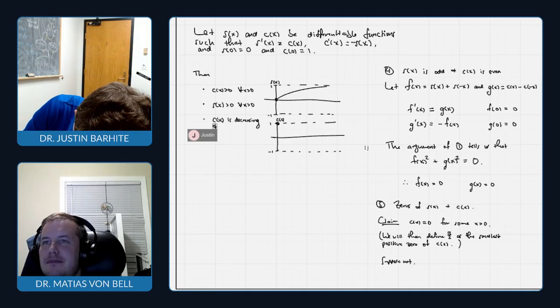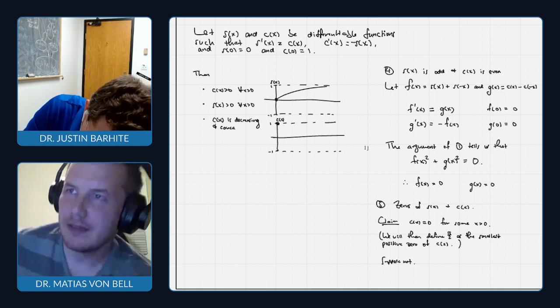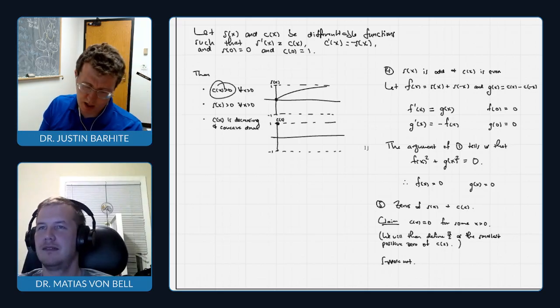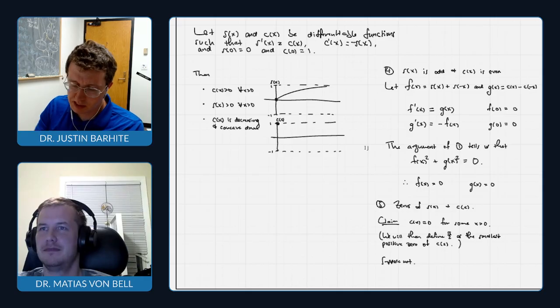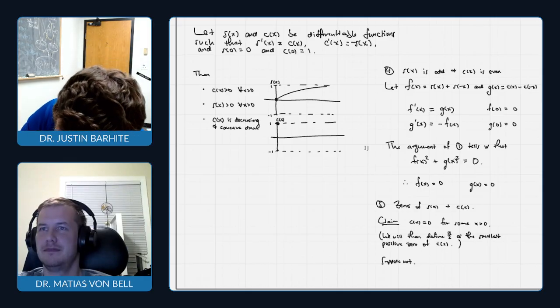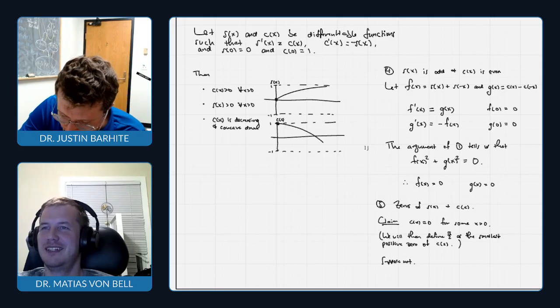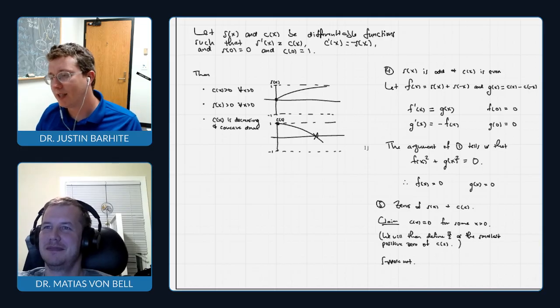It's also always concave down, because C of x is positive, and its second derivative is minus C of x. So the second derivative is always negative. So C of x has to be always decreasing and concave down. A decreasing concave down function is always going to hit the x-axis at some point.